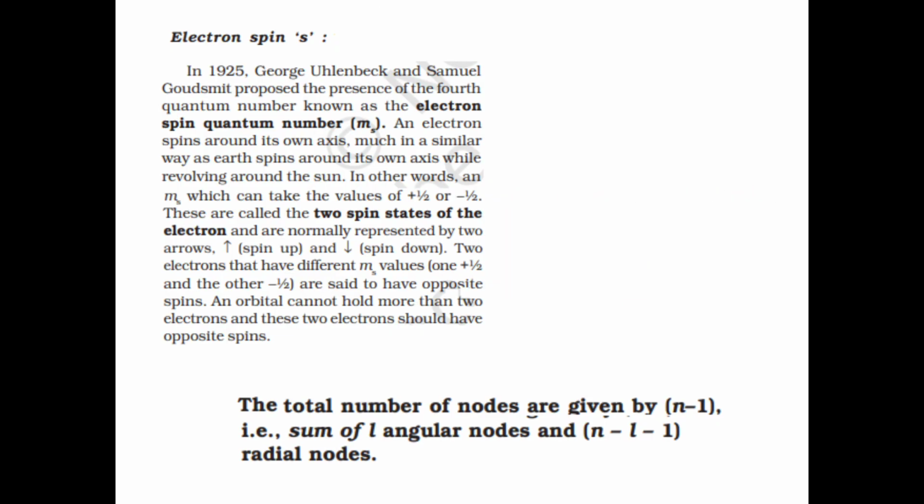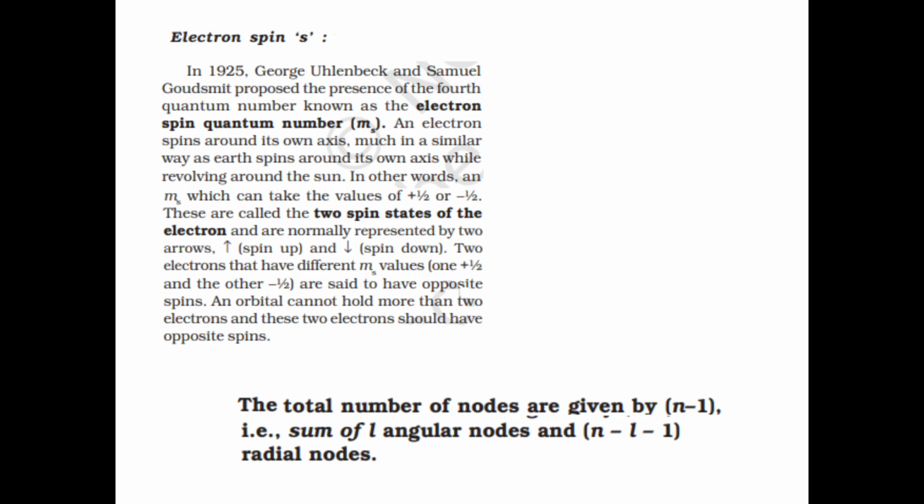Now come to electron spin, or the spin quantum number, stated as s. An electron spins around its own axis in much the same way as the Earth spins around its own axis while revolving around the Sun. In other words, ms can take a value of plus half or minus half.